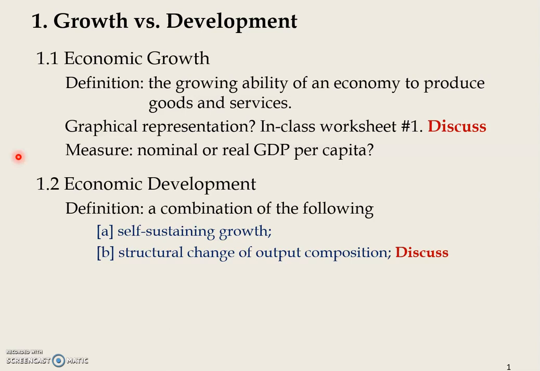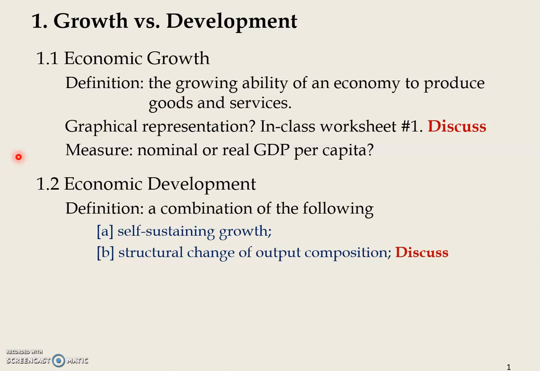Now, when we talk about economic development, we believe that an economy, especially a developed economy, should involve the structural change of the output composition. In other words, the relative share of these three sectors should evolve when the economy gets richer and richer.